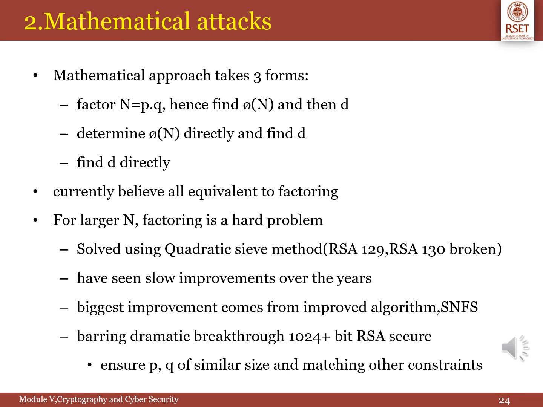This enables calculation of phi of n, which is (p minus 1) times (q minus 1), which in turn enables the determination of d, which is congruent to e inverse mod phi of n. The second one is determining phi of n directly without first determining p and q. Again, this enables determination of d, which is congruent to e inverse mod phi of n. And the third one is determining d directly without determining phi of n.